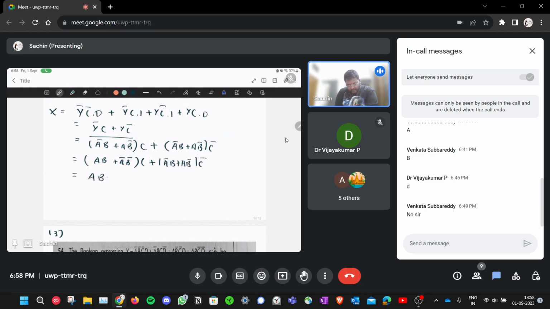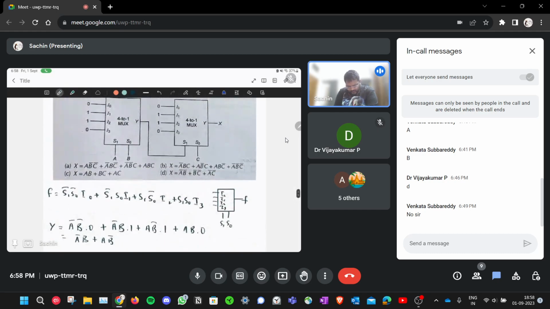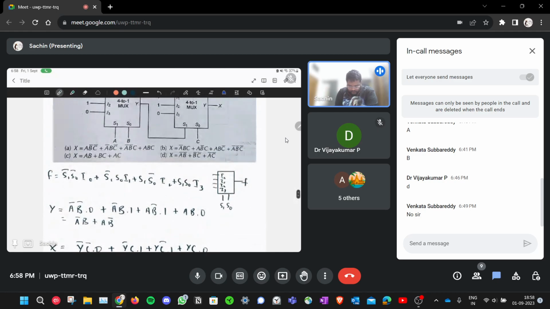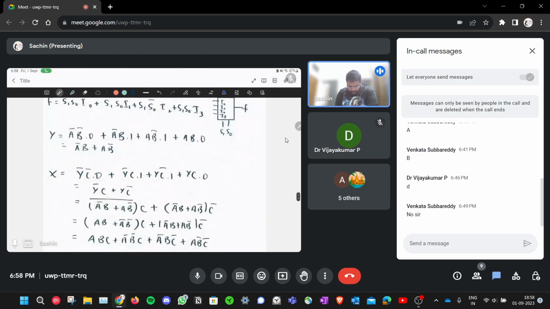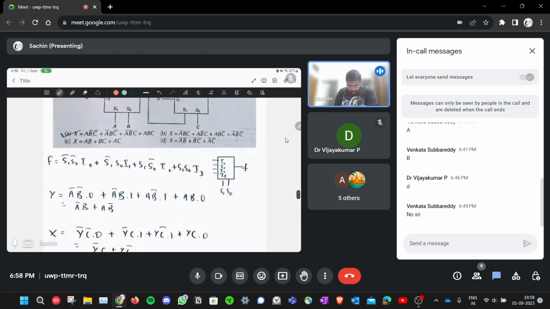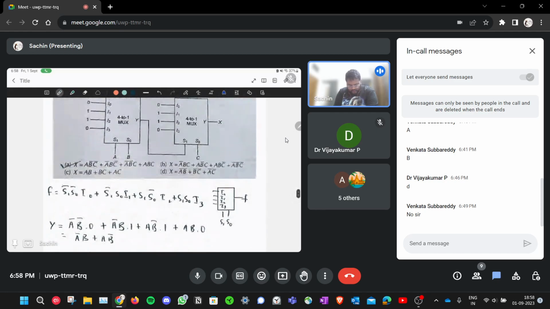So you'll get A B C plus A bar B bar C plus A bar B C bar plus A B bar C bar. Which one is it? That's option A: A B C plus A bar B bar C plus A bar B C bar plus A B bar C bar.